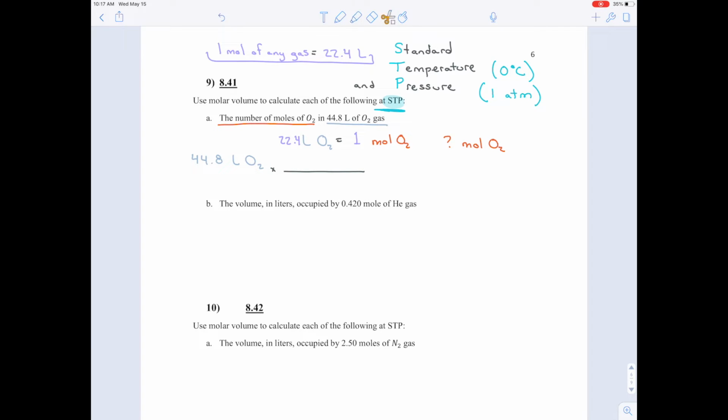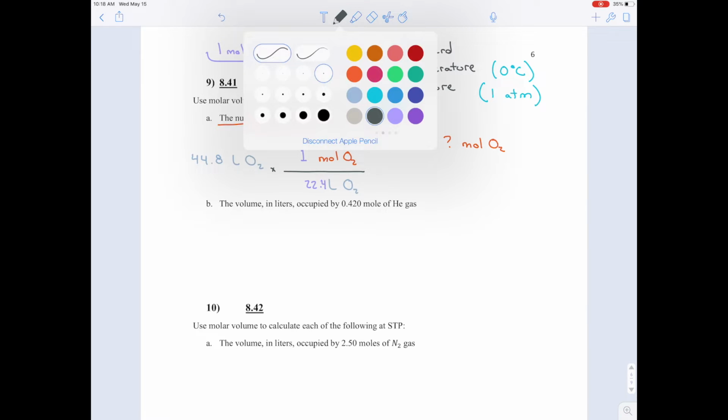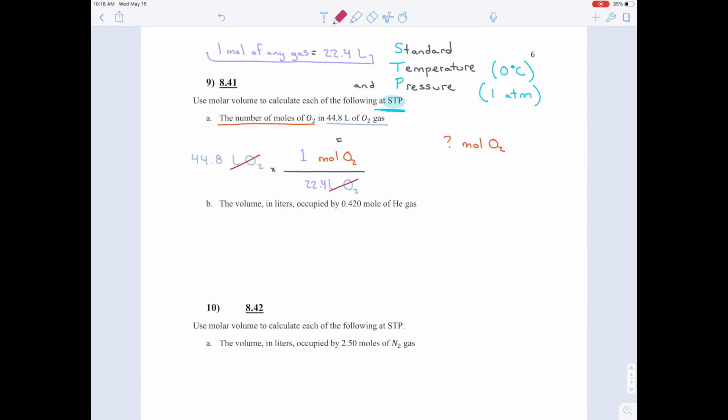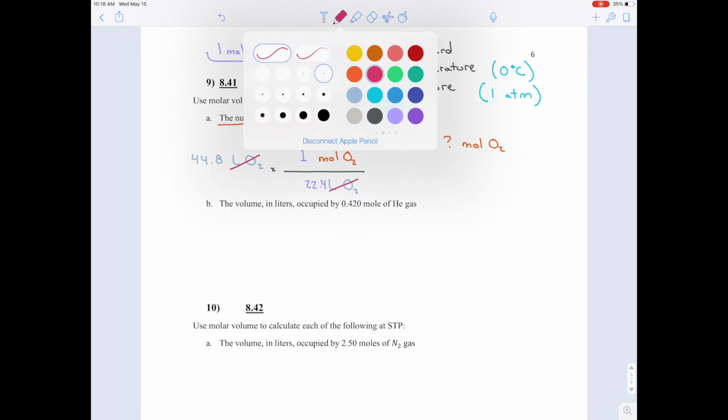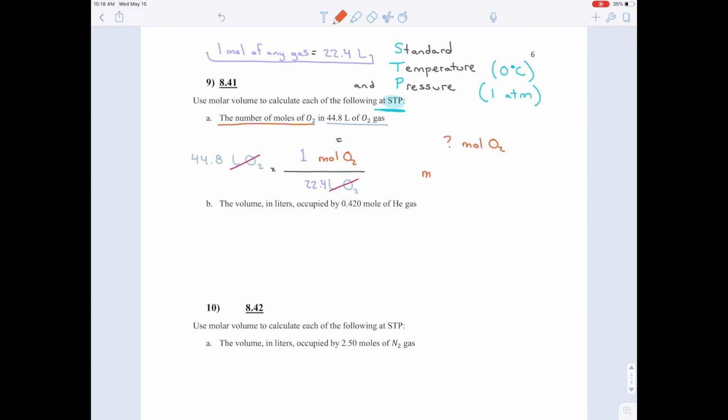So we're going to take the part of the conversion factor that has liters of O2 and put that on the bottom of the fraction. Going over the fraction bar is like going across the equal sign, so on top we'll have 1 mole of O2. Liters of O2 will cancel out because one is on the top of the fraction, the other's on the bottom. And we're going to be left with moles of O2, which is exactly what we want.